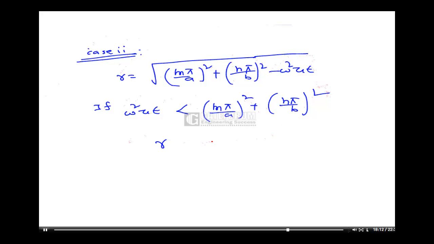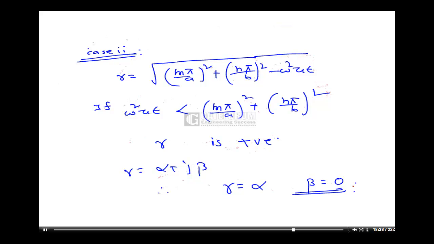Gamma is only positive, the square root of some real value. Then gamma is equal to alpha plus j beta means only alpha exists. Beta is equal to 0. Therefore gamma is equal to alpha, beta is equal to 0.